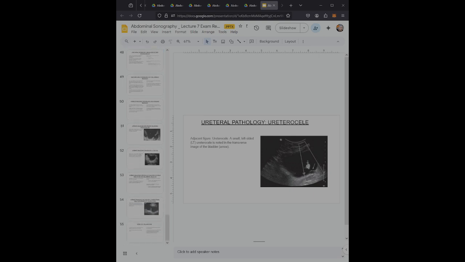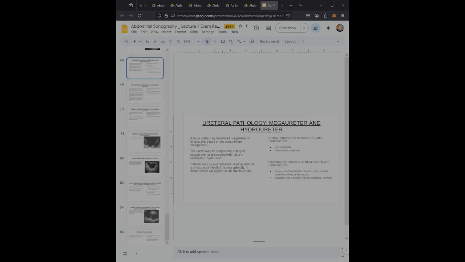Ureteroceles are cystic dilatation of the ureter as it enters the bladder. We see anechoic balloon-like structures within the lumen of the urinary bladder near the ureterovesicular junction, and in certain cases they can be ectopic.